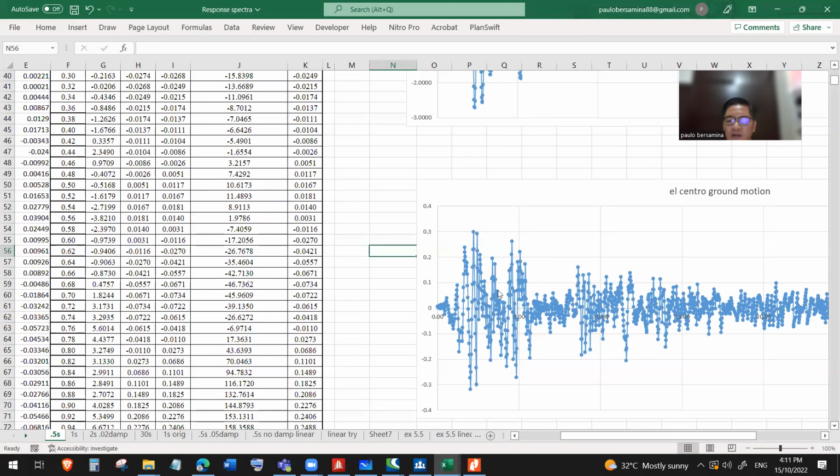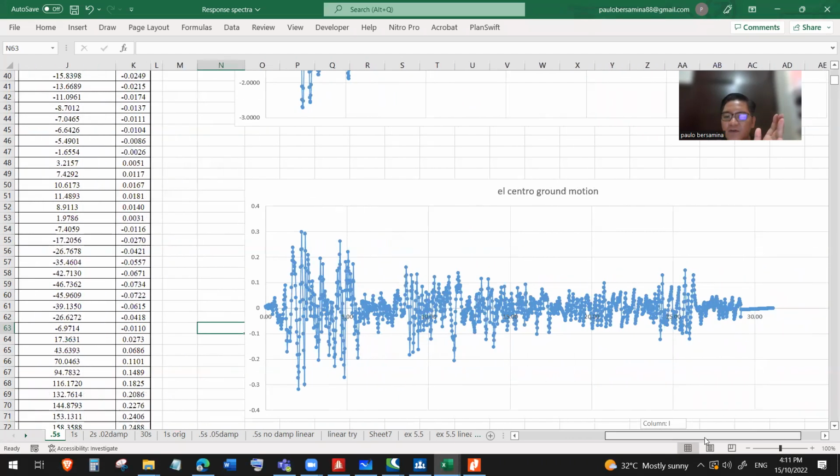Anyway, for the sake of discussion, we will try to create a response spectra of that. That's why dun sa mga non-linear analysis ng mga firm, nagkakaroon ng concept of scaling. Because you cannot really get an actual ground motion, in all ground motion available worldwide, na lahat 0.4.